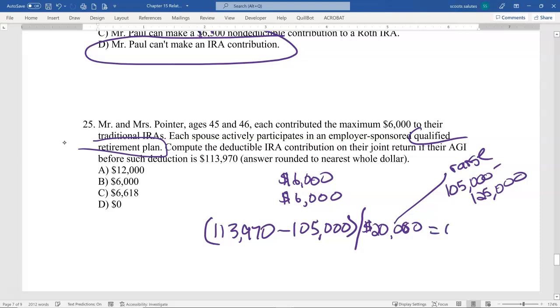We're going to find out that's 0.4485, and we multiply by each of these. That's going to tell us the amount of each that's not going to be deductible.